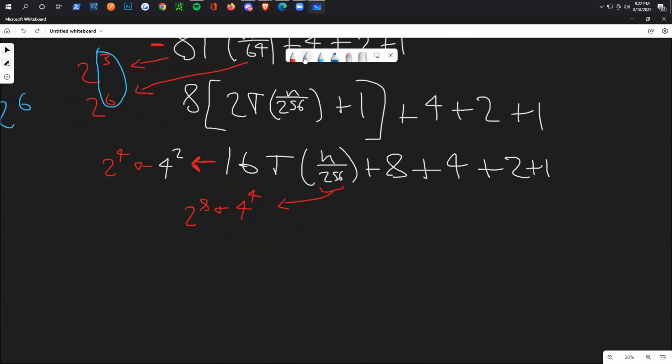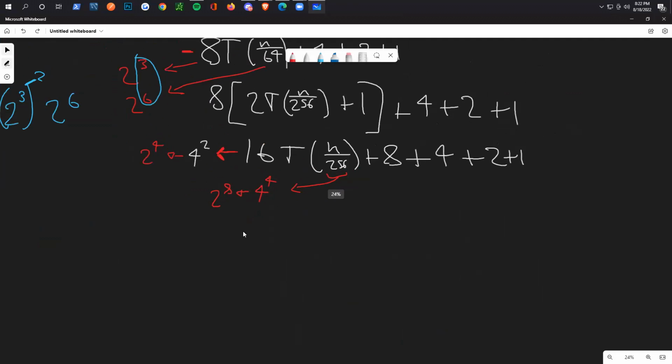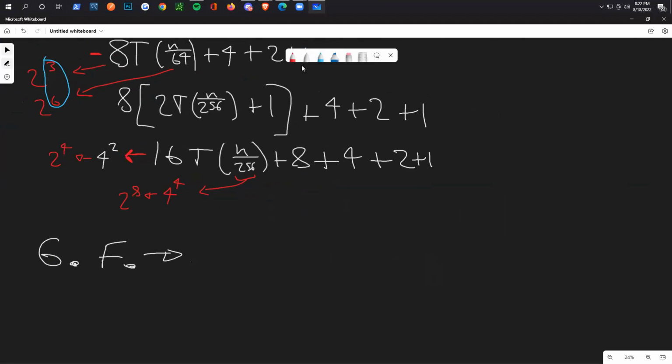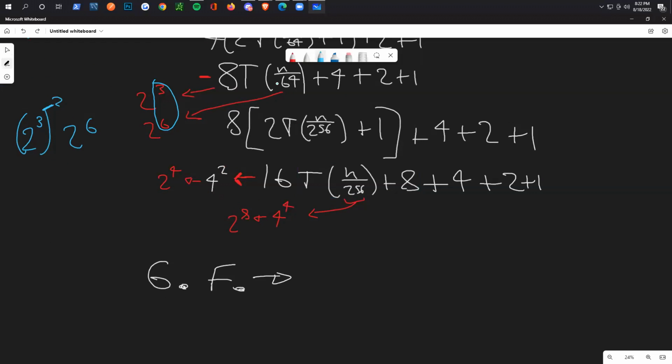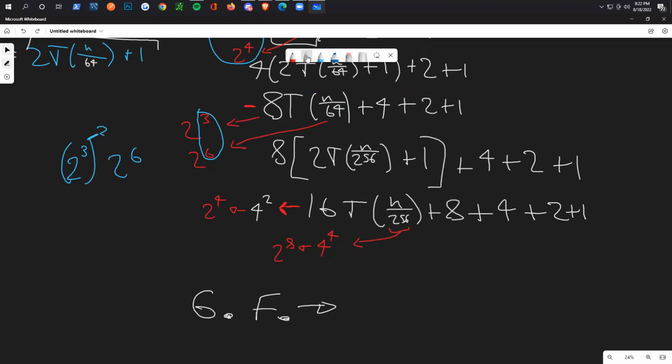So what we notice is, let's write down, so GF, I'm going to go into general form. So I'm going to write down this part right here. Let's do that in blue. Oh yeah, and by the way, you can think of 2 to the 6 as 2 times 2 to the 3.